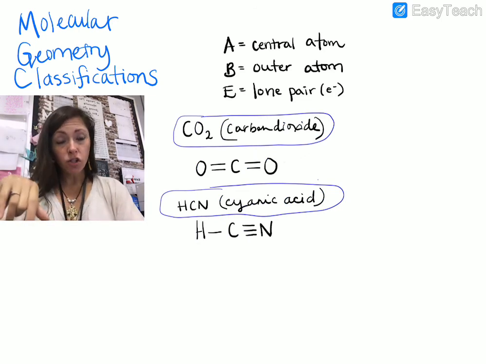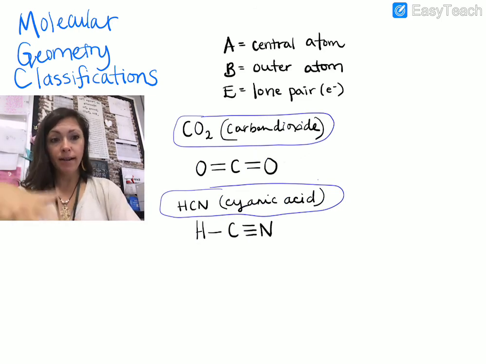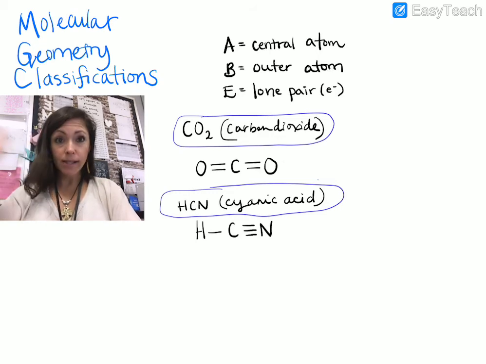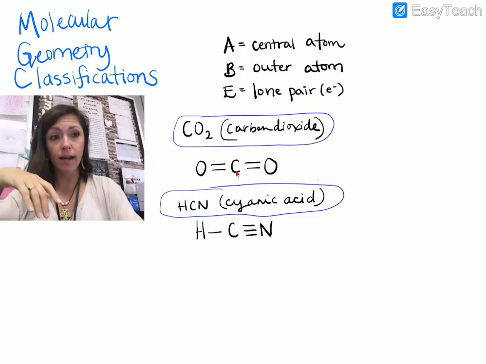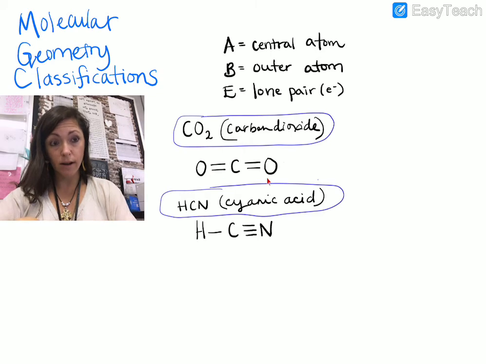Okay, so these next two, carbon dioxide and cyanic acid, are also in the same geometric classification as each other. They are not AB4s. Instead, they only have two outer atoms. There are double bonds on each side here, which allows this carbon to be stable. Again, there would usually be lone pairs on the oxygens, but those are being omitted because they do not affect the classifications. We're only looking at what is around the central atom, okay?